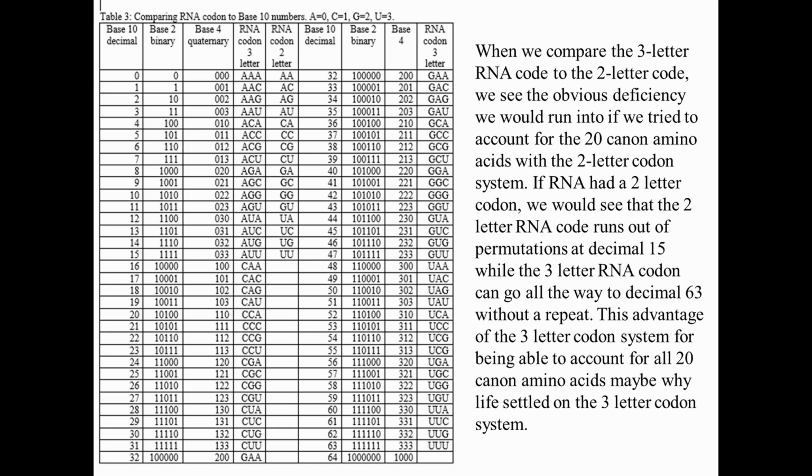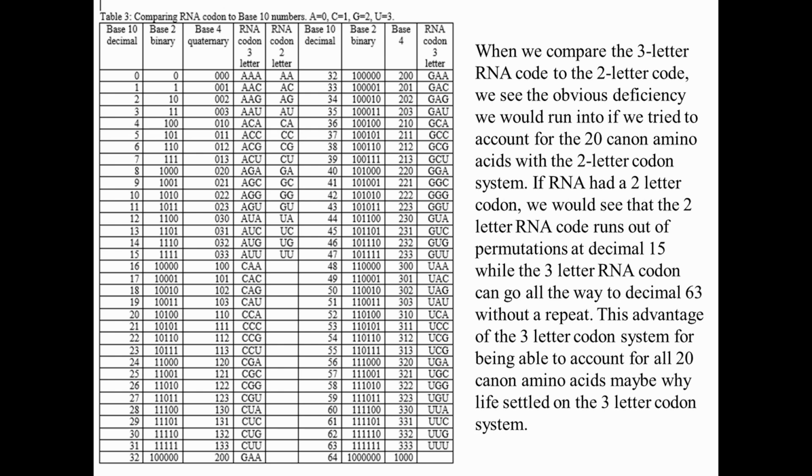When we compare the 3-letter RNA code to the 2-letter code, we see the obvious deficiency we would run into if we tried to account for the 20 canonical amino acids with the 2-letter codon system. If RNA had a 2-letter codon, we would see that the 2-letter RNA code runs out of permutations at decimal 15, while the 3-letter RNA codon can go all the way to decimal 63 without a repeat.